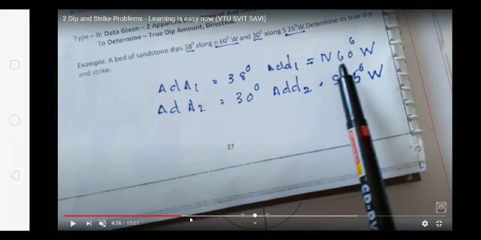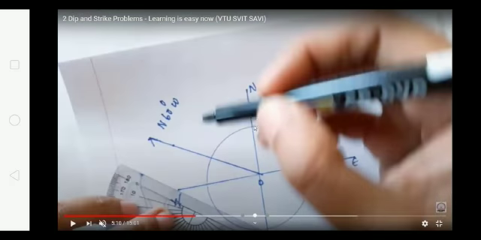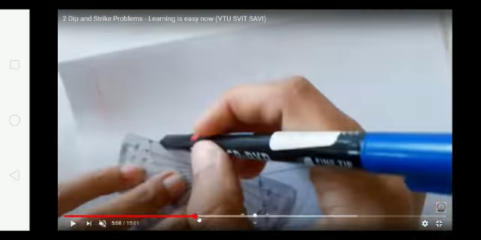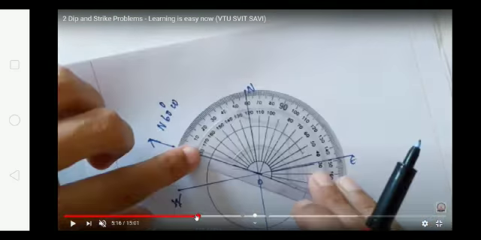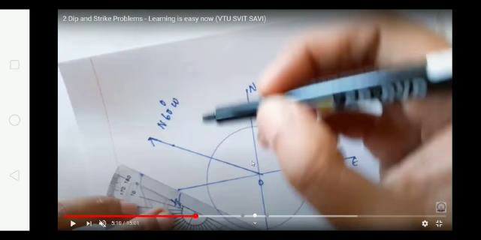So what we have to do here is, after drawing the north-south direction, from north you should measure 60 degree towards west. This is the northwest quadrant, a 90 degree quadrant.